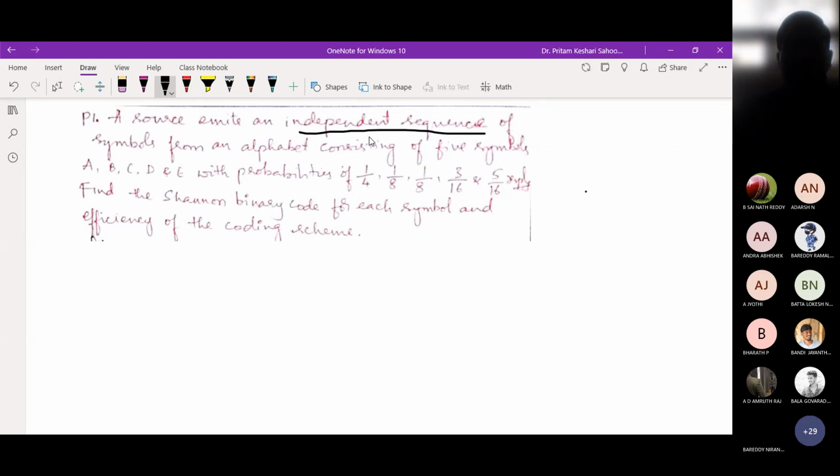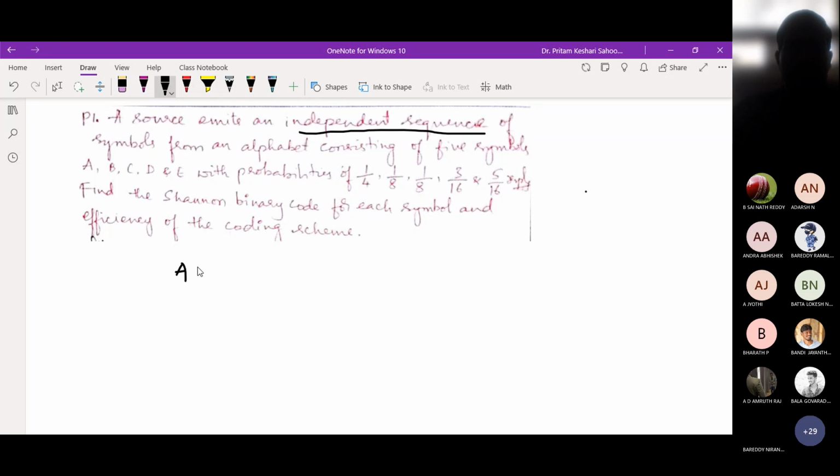It is emitting an independent sequence of symbols from an alphabet consisting of 5 symbols A, B, C, D, E with probabilities 1 by 4, 1 by 8, 1 by 8, 3 by 16 and 5 by 16 respectively.